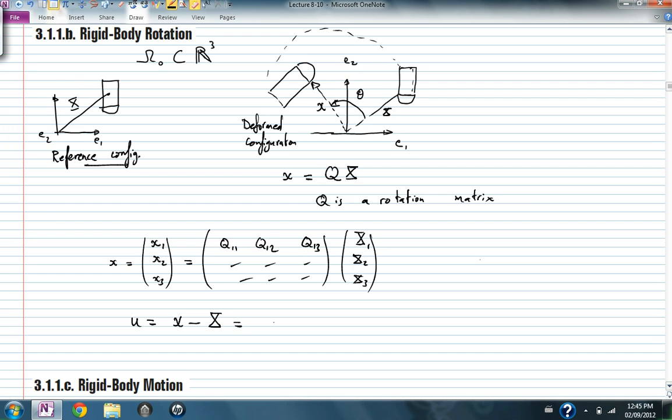The new vector x is equal to Q multiplied by the old vector x. The old vector x is equal to the identity matrix I multiplied by itself, which means I can take Q minus I multiplied by the original vector x, and the Q minus I multiplied by x gives me the displacement vector u.